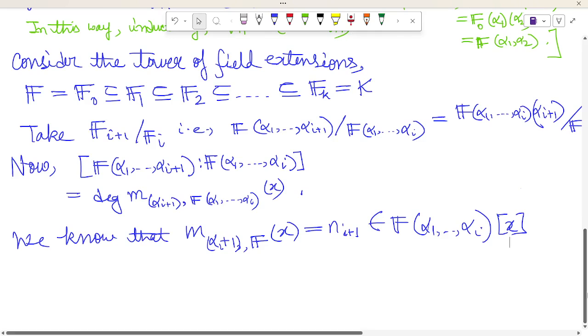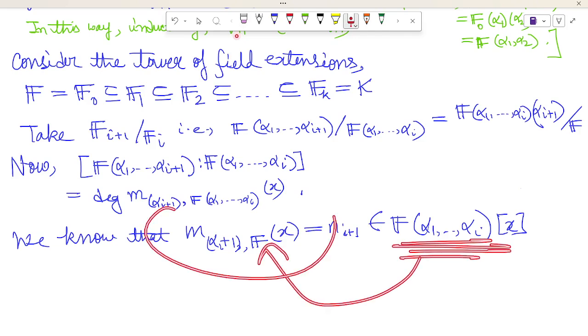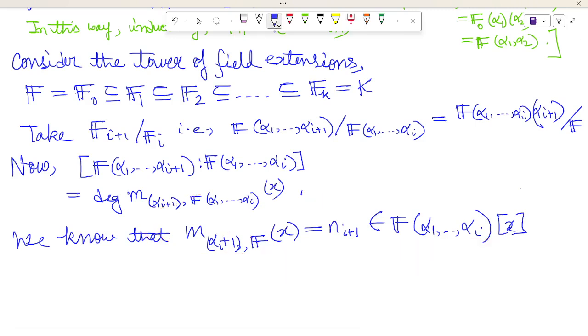But what is the actual minimal polynomial of alpha i plus 1? What is the actual minimal polynomial of alpha i plus 1 over this field? Then we will divide this, because this is any polynomial over this field. Understand?